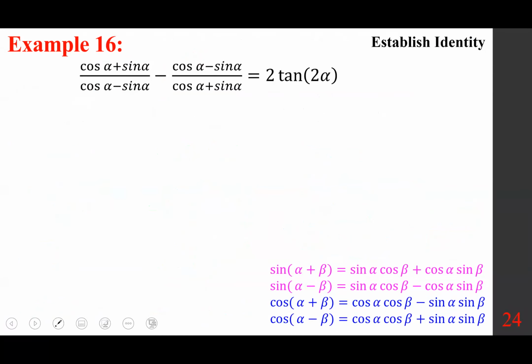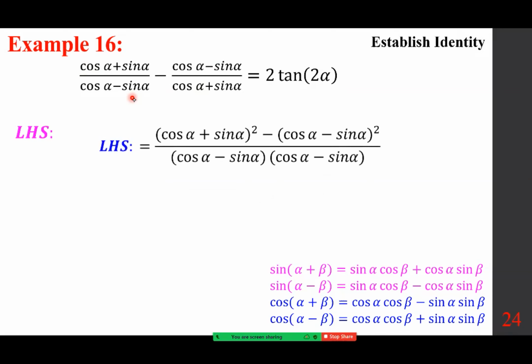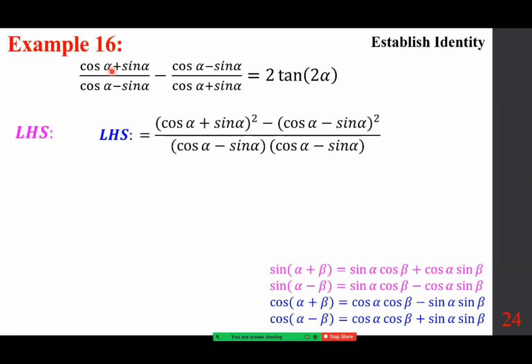Let's look at the last question. We want to establish this identity, and the left-hand side seems to be more complicated. We take a common denominator of cosine alpha minus sine alpha times cosine alpha plus sine alpha. We multiply these two minus these two. When we multiply this one by this one, they are identical. We square them, the same thing here.